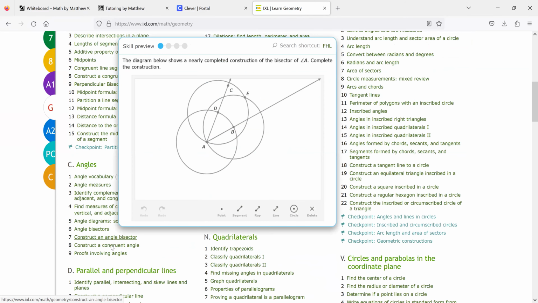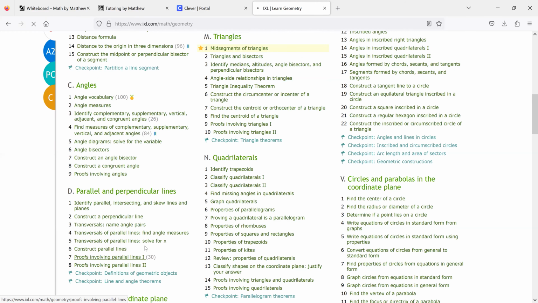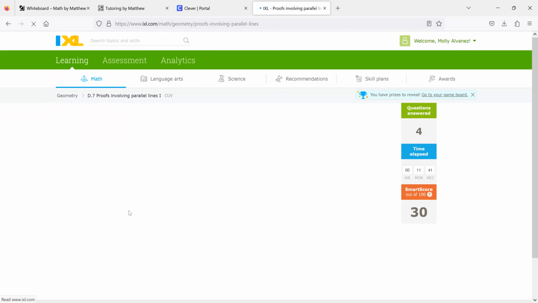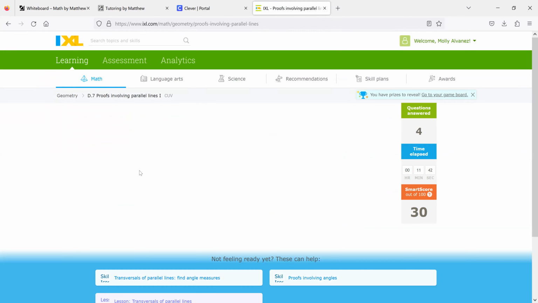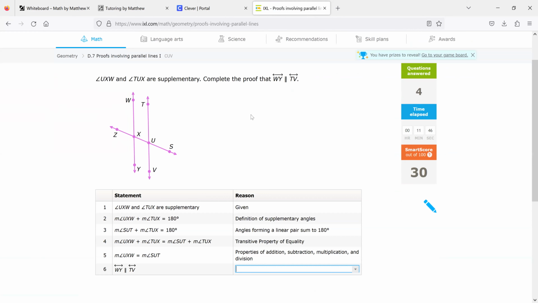No, that's C. I'm sorry. Proofs involving parallel lines. Yeah. Okay. I mean, this is kind of like what we were doing last week. We'll see how well this goes.